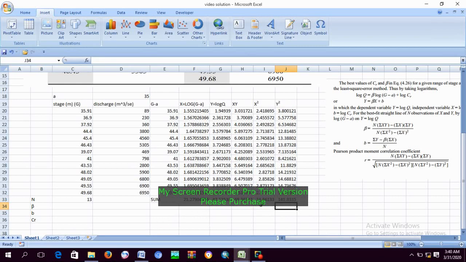After calculating these values, we can use this formula in order to determine beta.